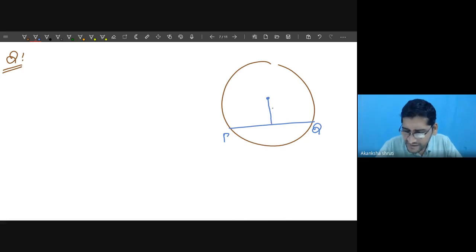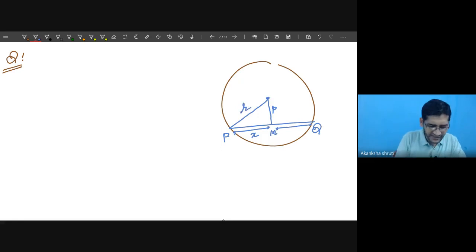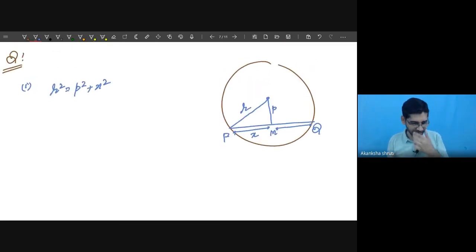If we consider this as the P length, this much as the X length, this will also be your X length, it will be in the middle. This as the radius R, then you can write R square is equal to P square plus X square. It is one thing that we know.